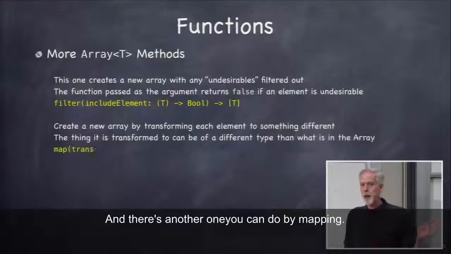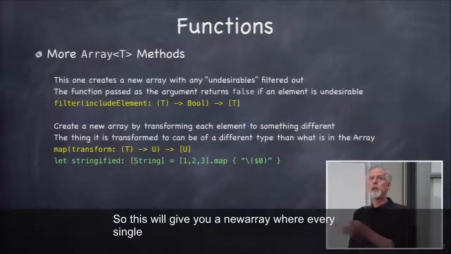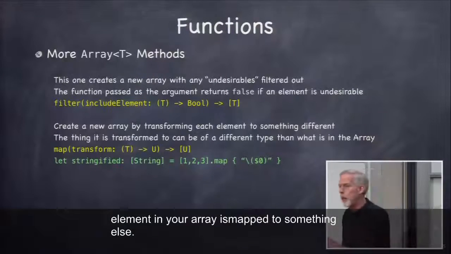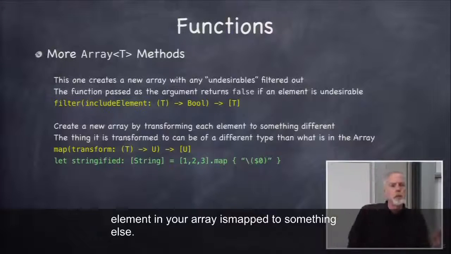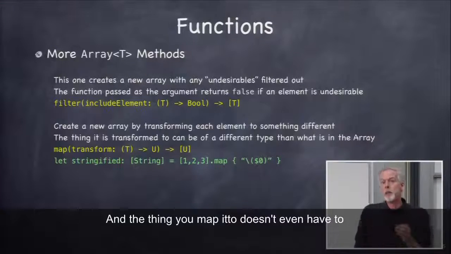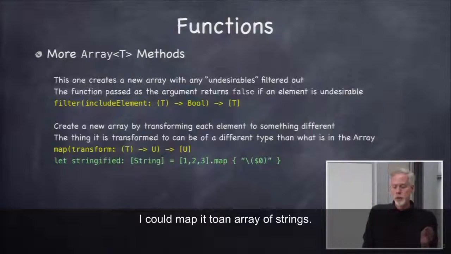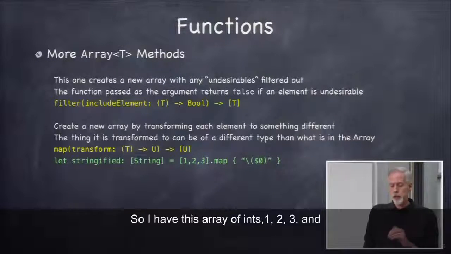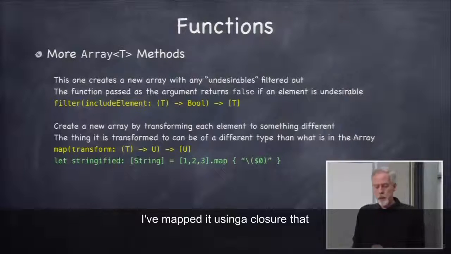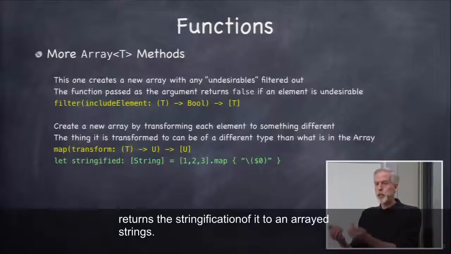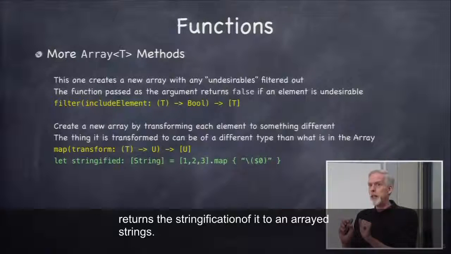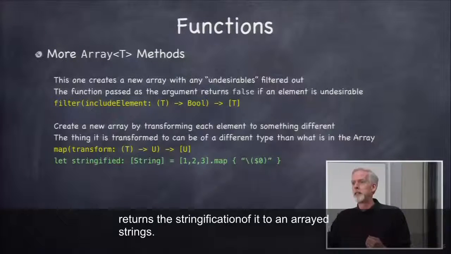And there's another one you can do by mapping. This will give you a new array where every single element in your array is mapped to something else. And the thing you map it to doesn't even have to be the same type. So I could have an array of ints, and I could map it to an array of strings. And that's what I've done here. I have this array of ints, 1, 2, 3, and I've mapped it using a closure that returns the stringification of it to an array of strings.